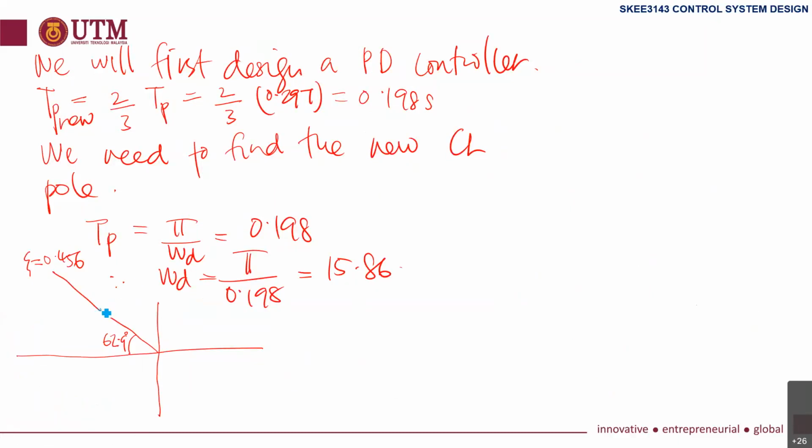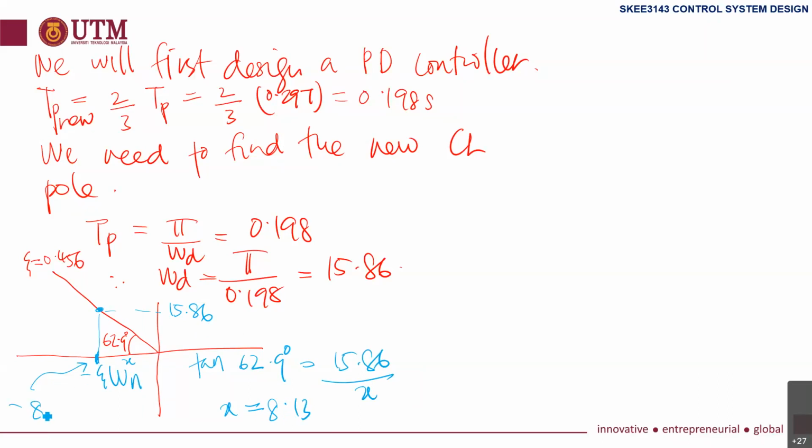The point here is 15.86, and we can find this point, negative zeta omega n, by using trigonometry, in which tangent 62.9 equals 15.86 over x. This is the x value. So x here is 8.13. Therefore, this point is minus 8.13.